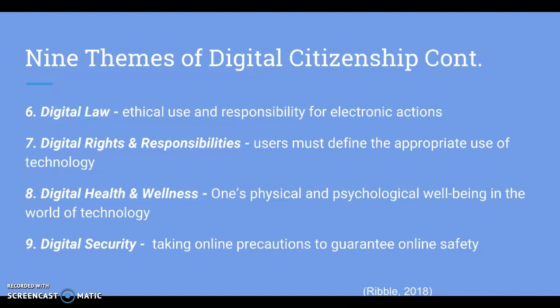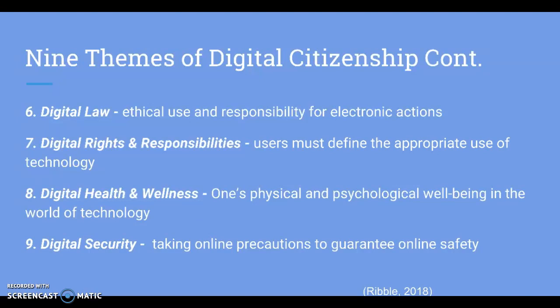And number 8, which really stood out to me, was digital health and wellness. This focuses on one's physical and psychological well-being in the world of technology. We recently talked about FOMO, fear of missing out, and how it really affects people mentally.